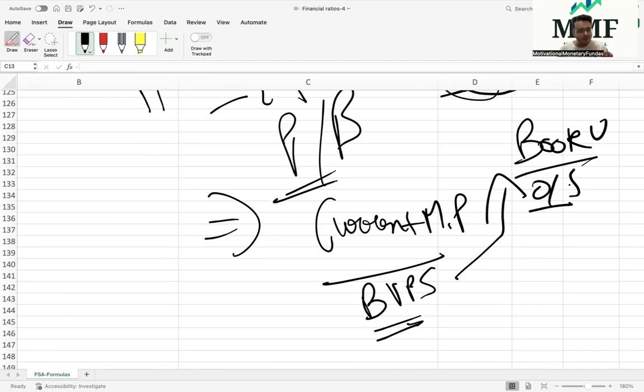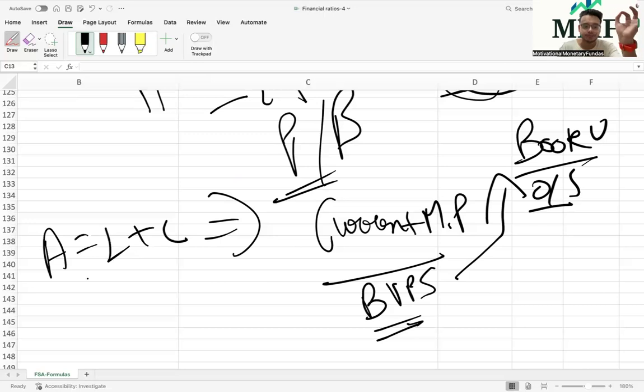Simple logic. Book value is also called shareholder funds, right? Because if we talk about the book value from an accounting perspective, those of you who are commerce students, in the very first session of accounting, in your class 12th, class 11, BBA, BCom, it is taught to you that assets is equal to liabilities plus capital. It is also called the balance sheet equation, right?